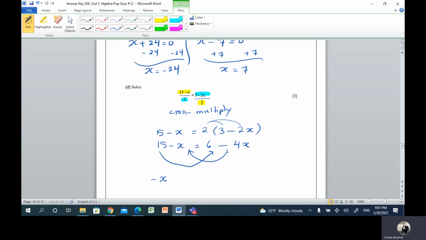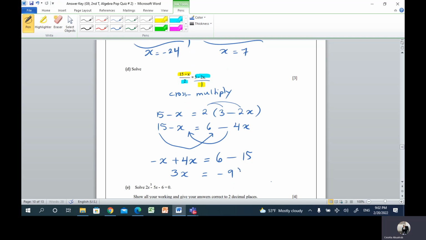And when we transfer the negative 4x to the left side, it will become plus 4x equals, the 6 is originally there, so we're going to bring it down. And when we transfer the 15, it will be negative 15. So minus x plus 4x, it will be 3x equals 6 minus 15, the answer is negative 9.